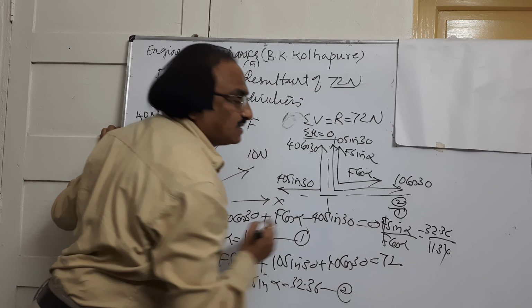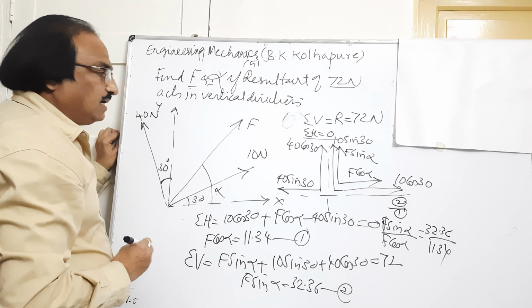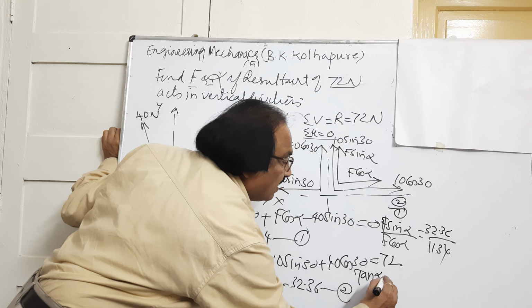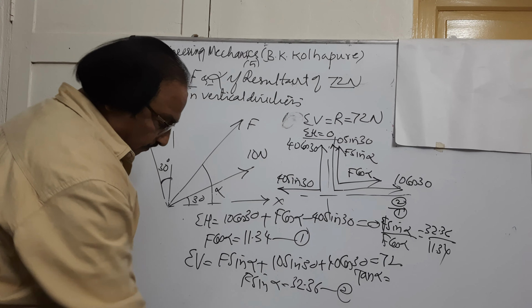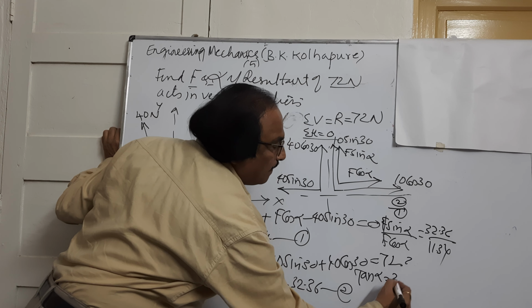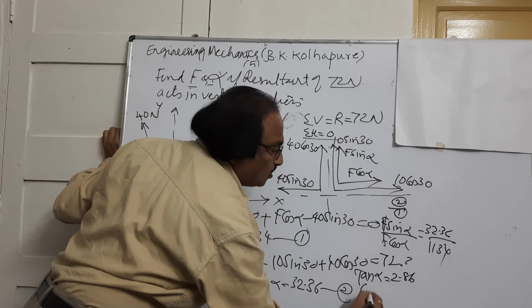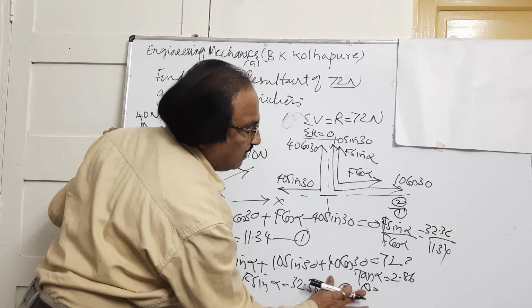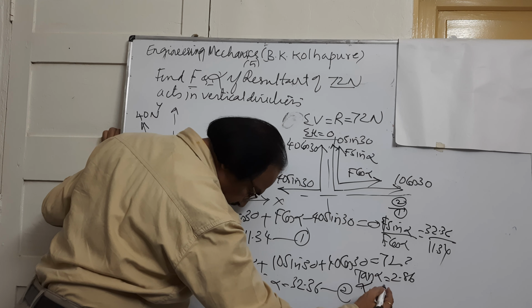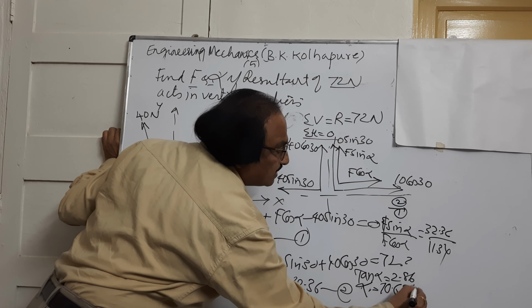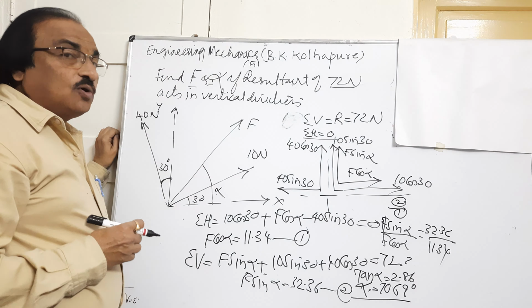So F gets cancelled here. So sin alpha by cos alpha will be equal to tan alpha, and this tan alpha value you get is equal to 2.86. So alpha will be equal to 70.69 degrees.